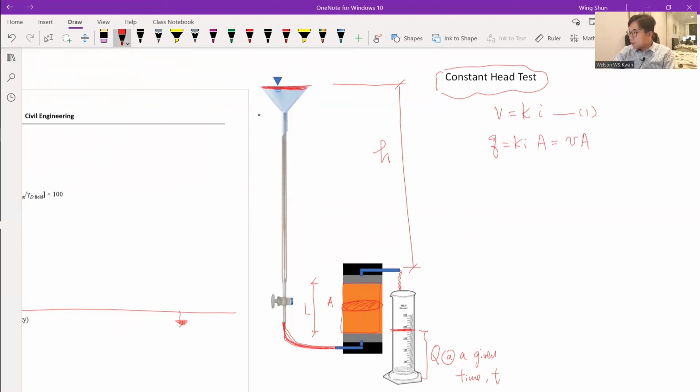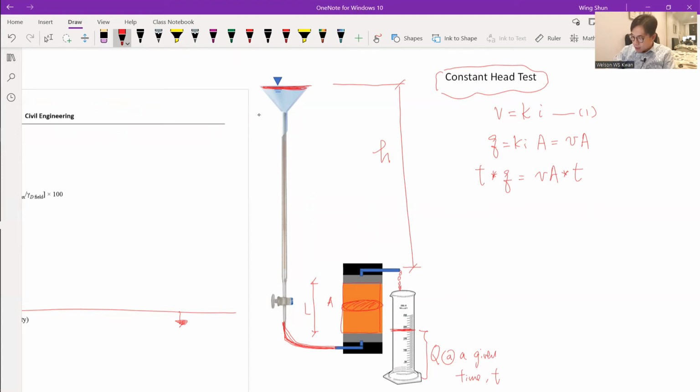So from this formula, from Darcy's law, if we multiply both sides by time t, what we get is the flow rate Q times t.